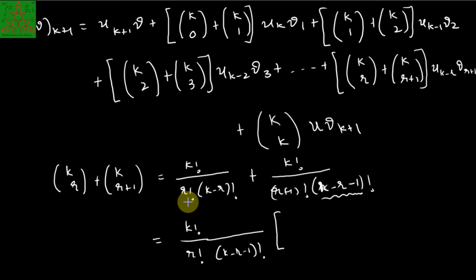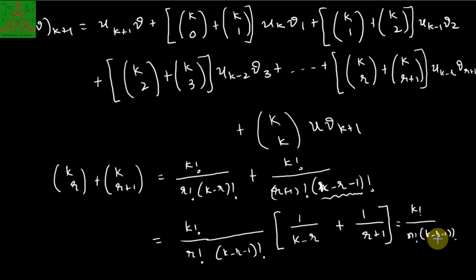What is left inside? Here the quantity left is 1 over k minus r, plus here the quantity left is 1 over r plus 1. If you simplify this, then it will be left as k factorial upon r factorial into k minus r minus 1 factorial, and in the numerator it is left with r plus 1 plus k minus r. So you just observe that r is cancelled out, and in the denominator these two quantities are already there, r plus 1 and k minus r.